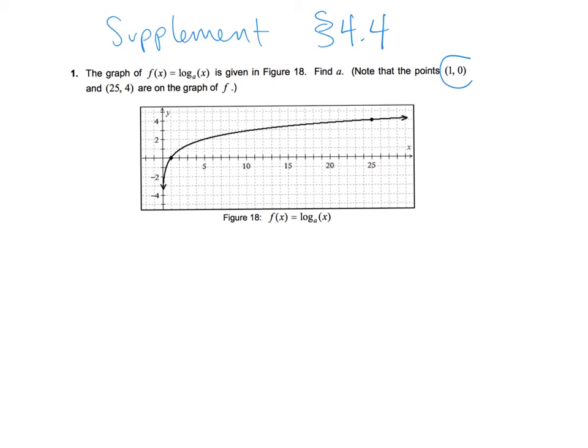Pro tip, y'all, 1, 0 is going to be on the graph of every single logarithmic function you see because if you think about it, log base a of 1, a raised to what power, anything raised to what power will always give you a 1, and the answer to that is 0. Yay. So that point will always be on the graph.